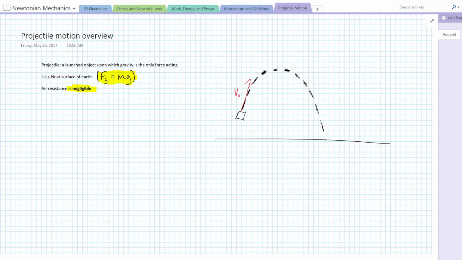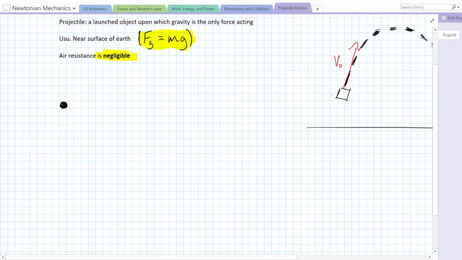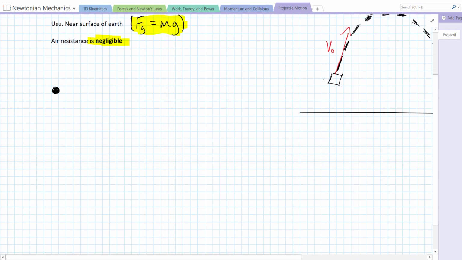So let's use Newton's laws to figure out what's actually going to be going on with the projectile. So let's start with a free body diagram. If the only force acting on our projectile is gravity, then our free body diagram is pretty straightforward. It's just a downward force of gravity, and that force of gravity is going to be equal to mg. Now we can set up Newton's laws in the x and y direction. In the x direction, sum of the forces is equal to mass times acceleration in the x direction.